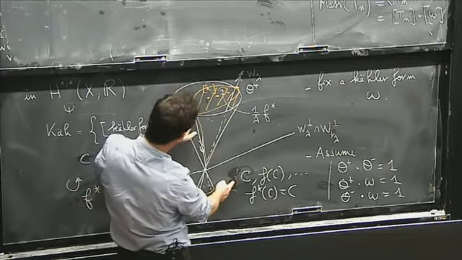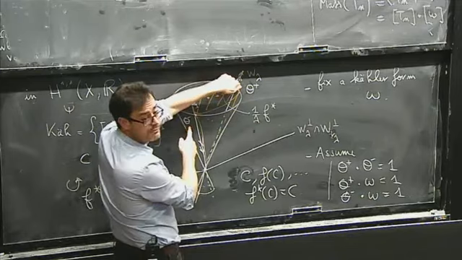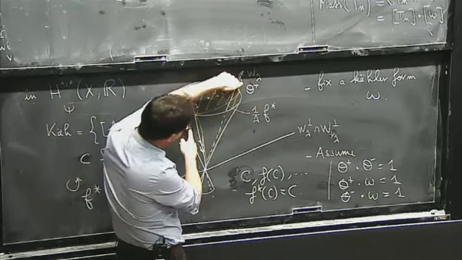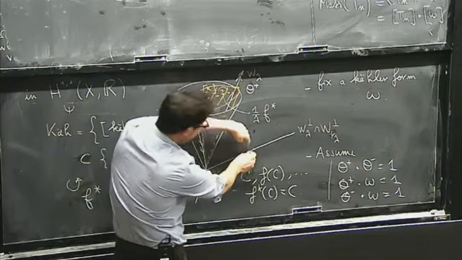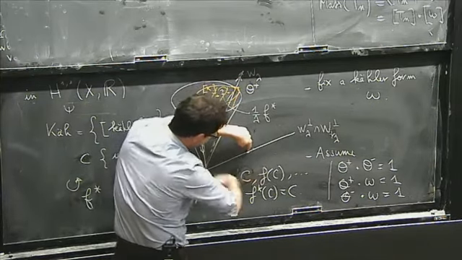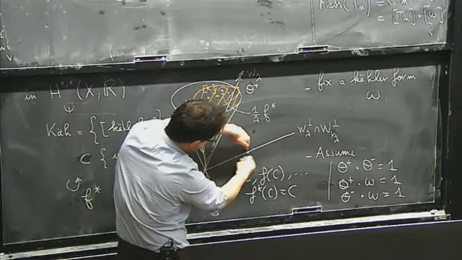It has to be orthogonal, with respect to the intersection form, to this one, which has eigenvalue theta minus, and to this one, which has eigenvalue theta plus. So it has to be here. So C and the orbit of C are in this space, where the intersection form is negative definite.